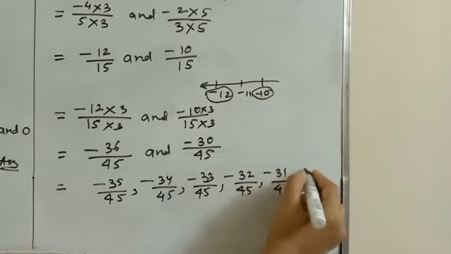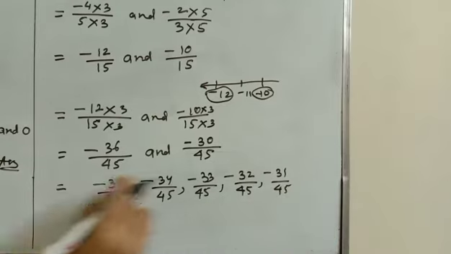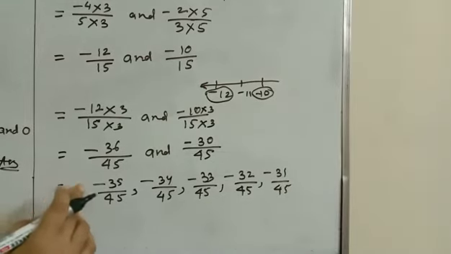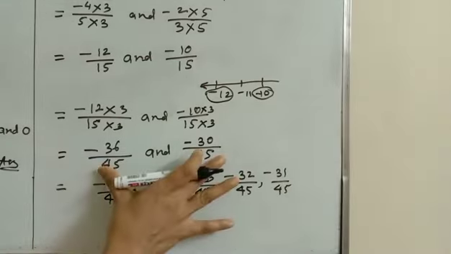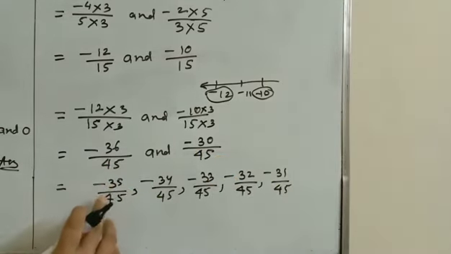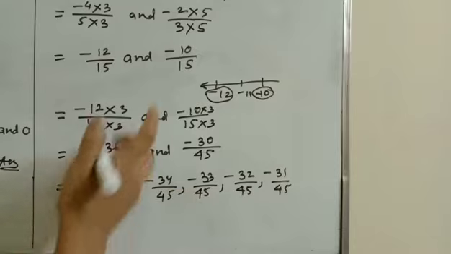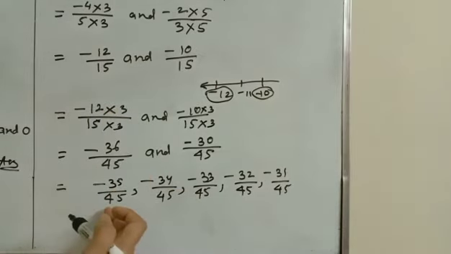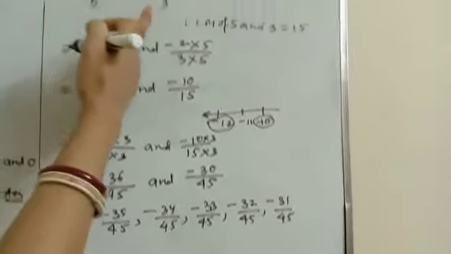After that minus 30 will come, which I will not include here, and before this also minus 36. Both the numbers we will not write. We have to write the numbers in between these two numbers. So this can be the result for rational numbers in between minus 4 by 5 and minus 2 by 3.